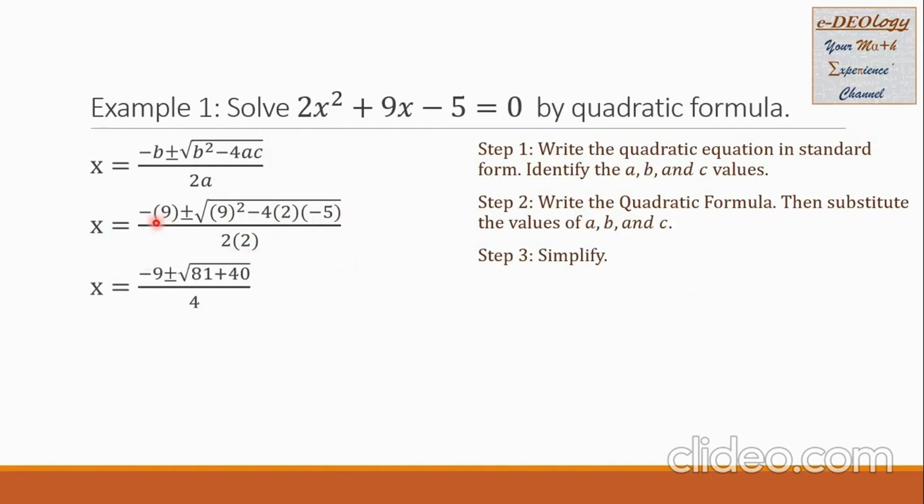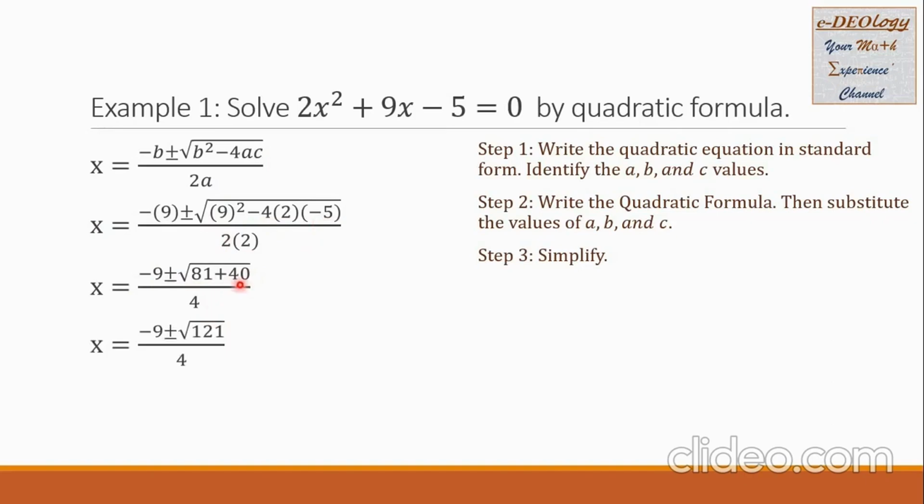So the negative of the positive 9 is now negative 9, plus or minus 9 squared is 81, the product of -4, 2, and -5 is +40 all over 2 times 2 is 4.